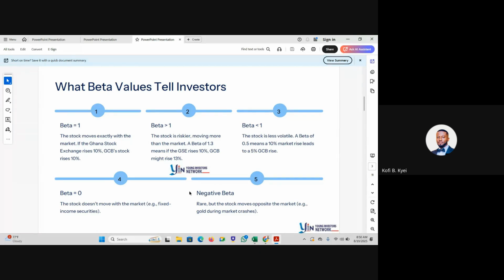But if the beta is very low, I'll give an example of StanChart. StanChart is a very quiet bank. It has a beta of 0.49. So if you are blending high beta stocks like MTN and GCB, you can add StanChart to it because the blends are different.